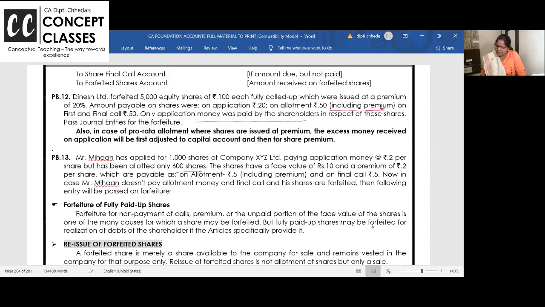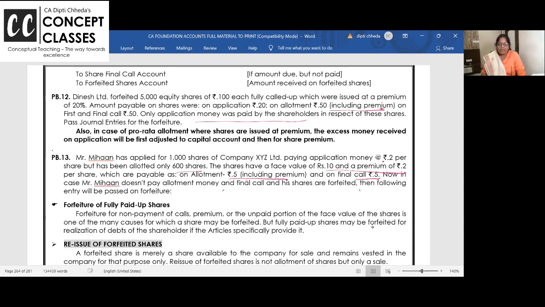Shares have face value 10 and premium 2, which is payable with allotment. तो जो एक्स्ट्रा पैसे हैं वो अलॉटमेंट तो एडजस्ट करोगे. फाइनल कॉल 5. एप्लीकेशन 2, allotment 5, so 7, and final call 5, so total 12. 10 plus 2, 12. Now Mehan doesn't pay allotment money and the final call and his shares are forfeited.